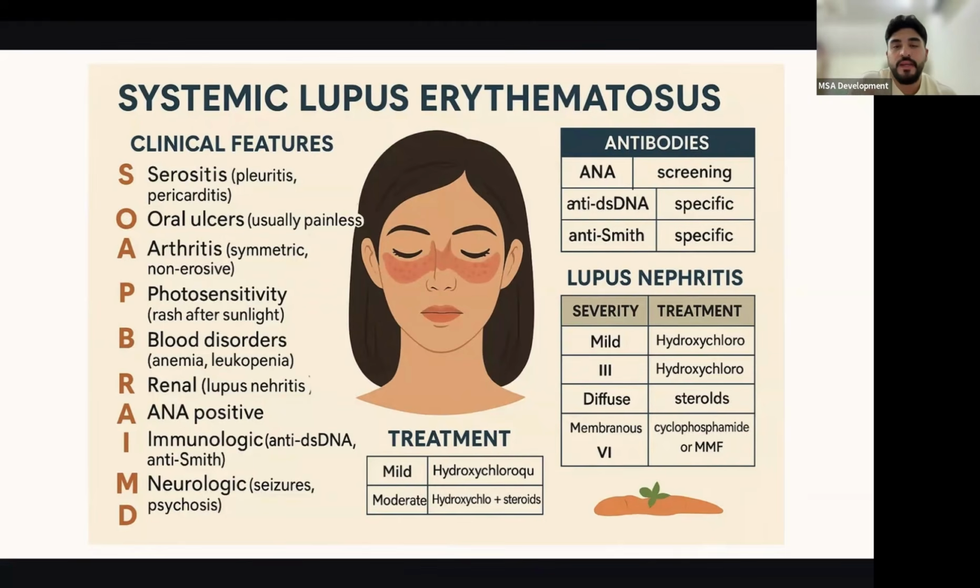Now, I thought it would not be nice to skip introducing this disease before talking about its hematological manifestations. So SLE is a condition where you basically have certain antibodies in the body that happen to be positive. So you have ANA, you have anti-dsDNA, and you have anti-Smith.